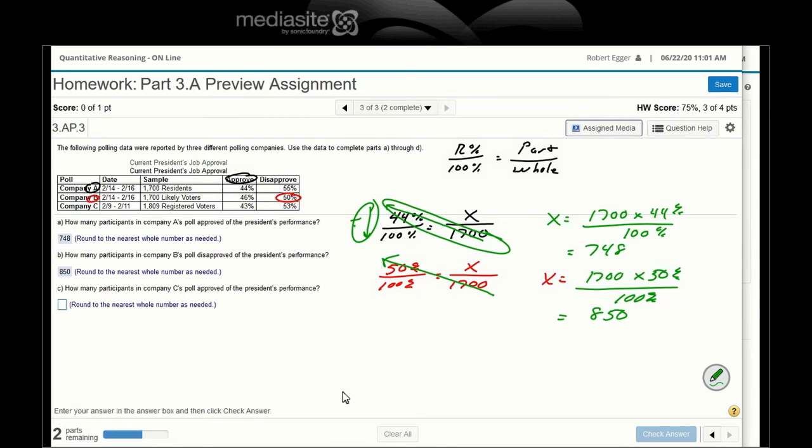Alrighty. Okay, now we're on company C. And we'll look for, again, approval. And of course, here's our population. So for C, 43 over 100. What is 43% of 1,800?